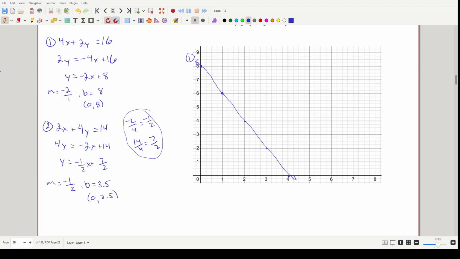So there's 3.5, it's 2 lines up. And now we follow the slope. Down 1 over 2. Down 1 over 2. Down 1 over 2. Where the heck did I put that? Let's see. Down 1 over 2. Right there.